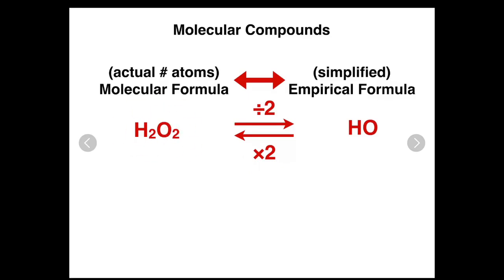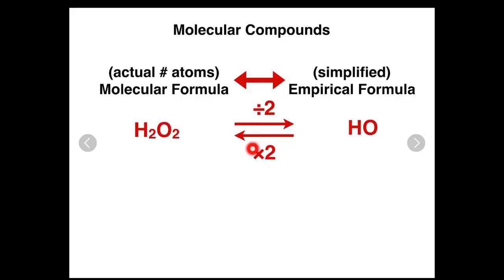So you can do it both ways. If you know the molecular formula, you can divide by a certain whole number to get the empirical formula. Vice versa, if you know the empirical formula and the multiplier, you can multiply to get the molecular formula as well.